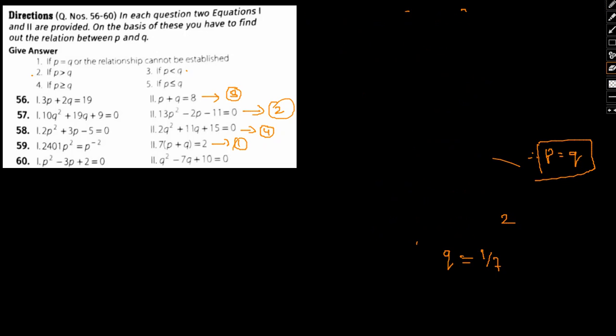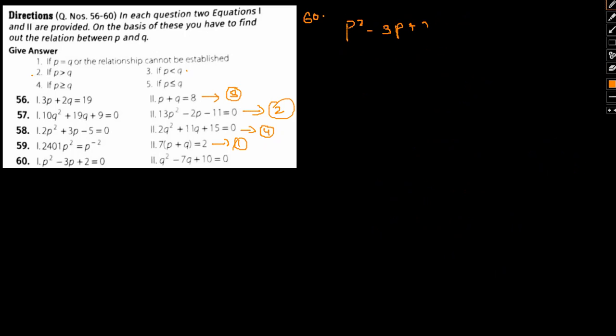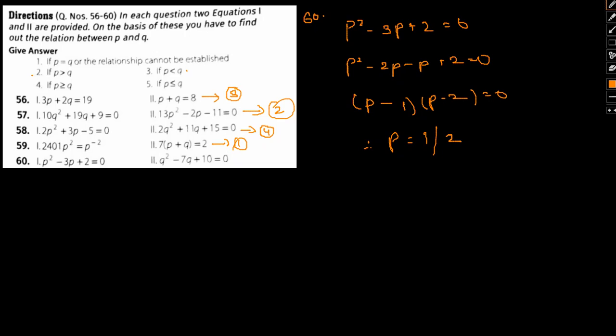That said, let's move to the last one. So number 60, it's given p square minus 3p plus 2 equal to 0. Okay, so this can be written as p square minus 2p minus p plus 2 equal to 0, that is (p minus 1)(p minus 2) equal to 0, therefore p equal to 1 and 2.